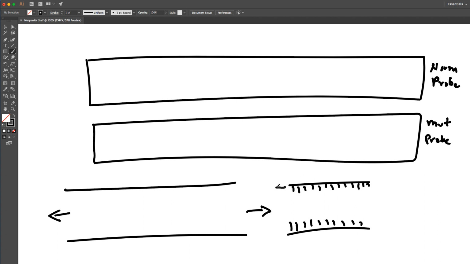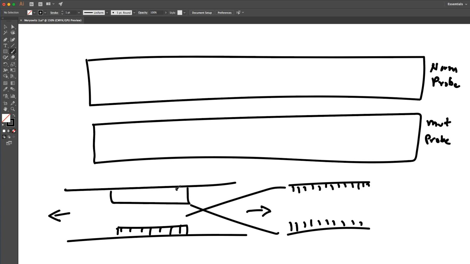And now this strand can bind to this piece of DNA, and this strand can bind to this piece of DNA. And the same is true for the mutant probe, except the mutant probe won't bind to wild type DNA. It will only bind to mutant forms of the DNA strands.